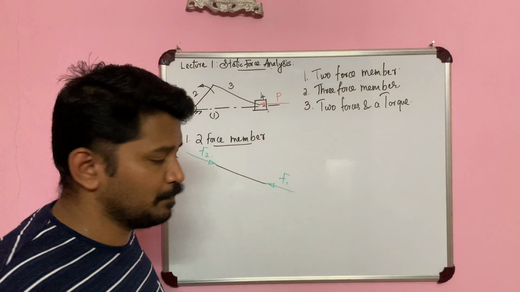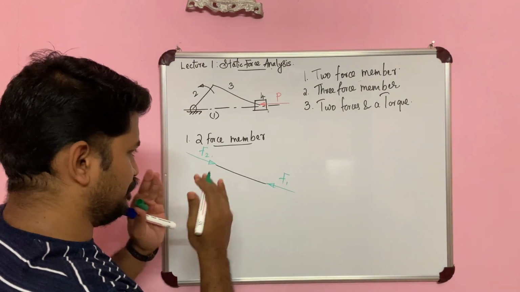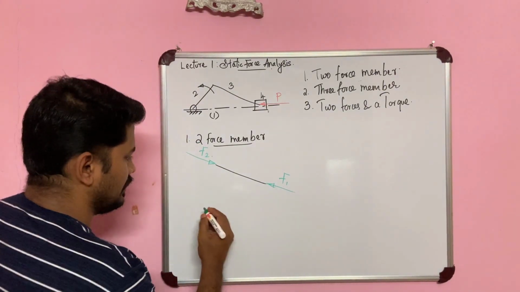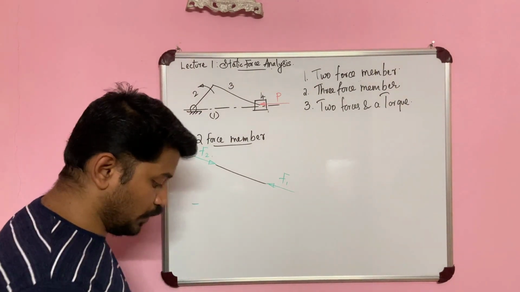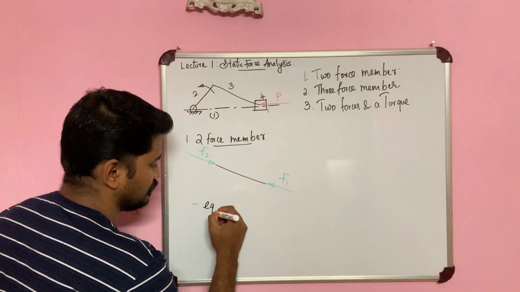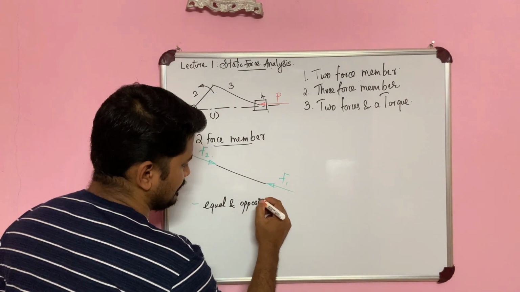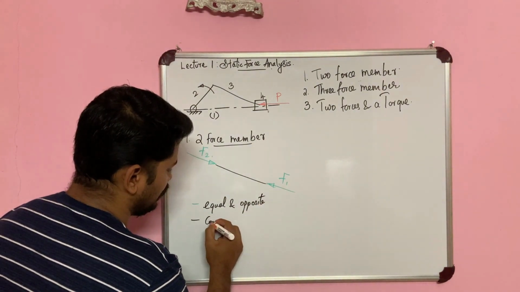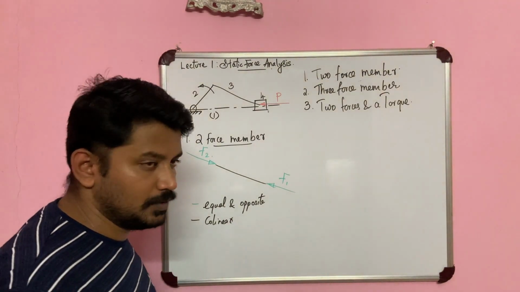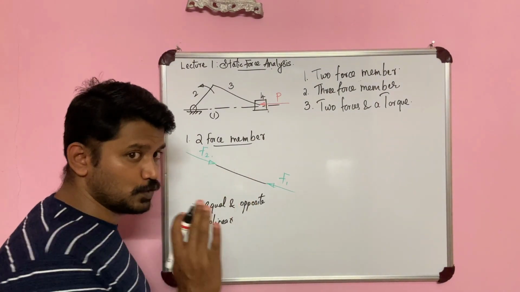As per rule, the forces are equal and opposite to each other, and they are collinear. So these things we should keep in mind always whenever it is a two force member.